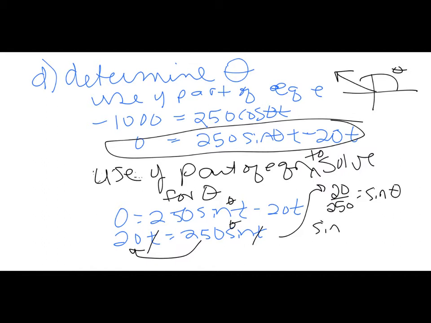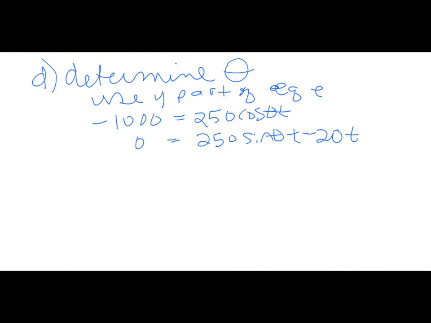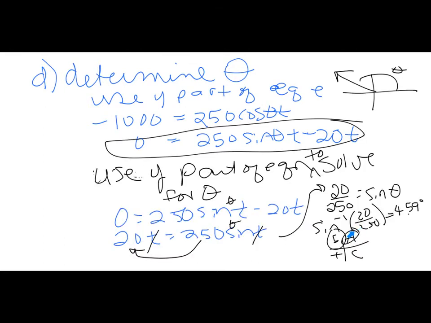So when I stick in sine to the negative 1 of 20 over 250 in the calculator, you're going to get two answers. And remember, when you did arc functions, if I do second sine, I'm going to get 4.59 degrees, but that's for this first quadrant. If I want the 4.59 in here, which is the one that I want, I don't want the 4.59 over here, but you will need the 4.59 for this angle.